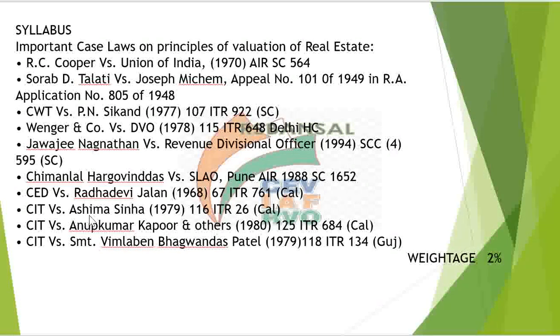Then CIT versus Ashima Sinha, 1979, 116 ITR 26, Calcutta. Then CIT versus Anupam Kumar and others, 1980, 125 ITR 684, Calcutta. Then CIT versus Srimati Vimlaben Patel, 1979, 118 ITR 134, Gujarat.